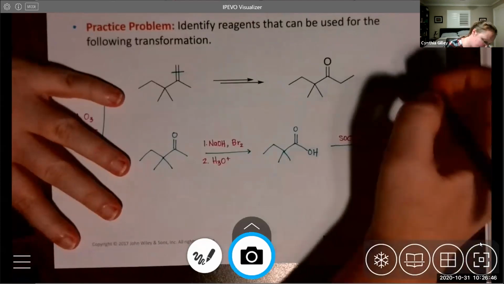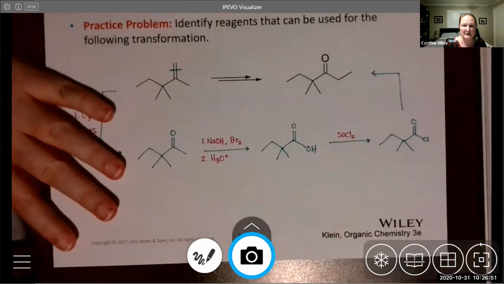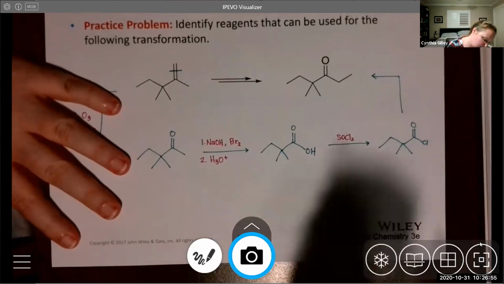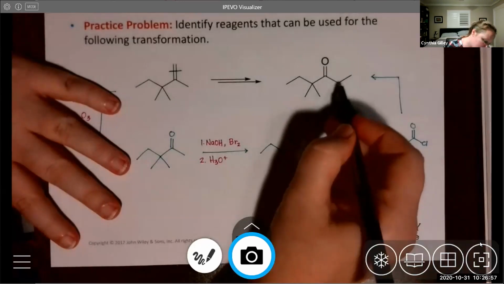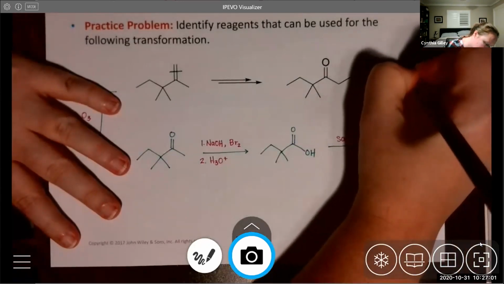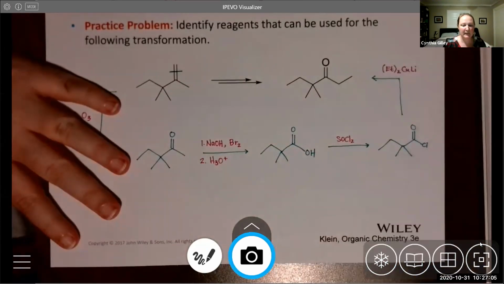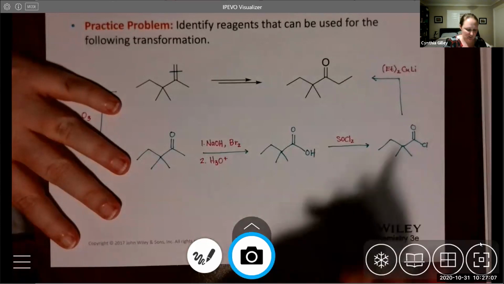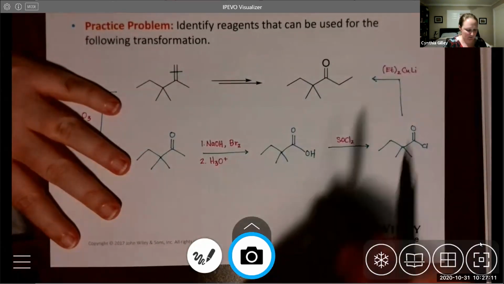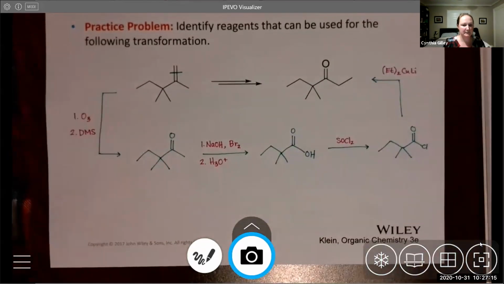Once we're at the acid chloride, we can convert that to a ketone using a Gilman reagent. Because we want to add an ethyl group, we're going to add a Gilman reagent where the copper is attached to ethyl groups. That allows us to go directly from an acid chloride to a ketone with whatever R group is present in these parentheses.